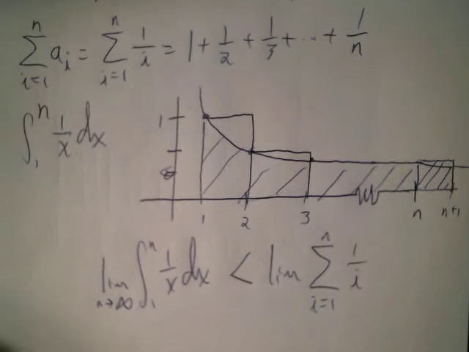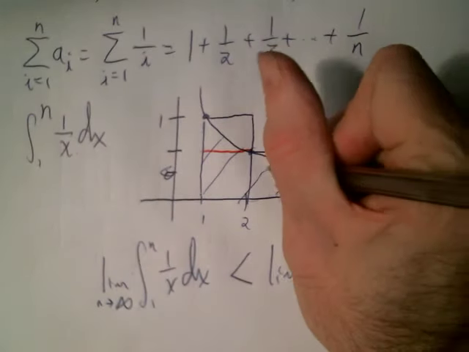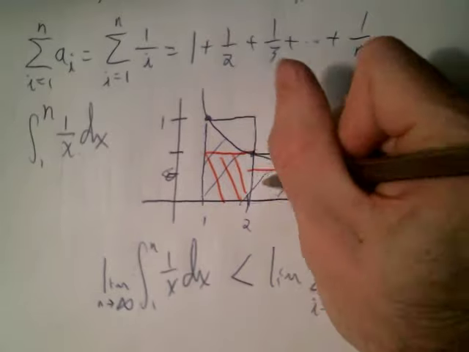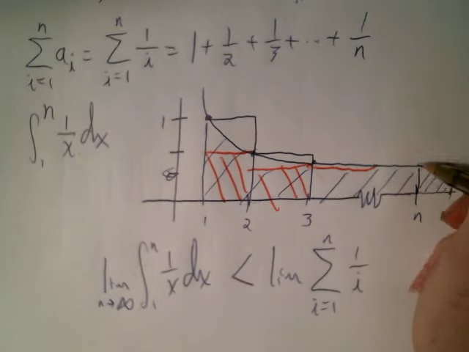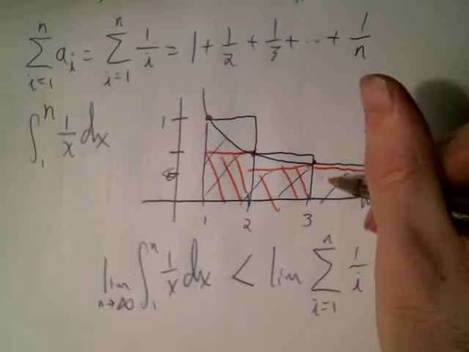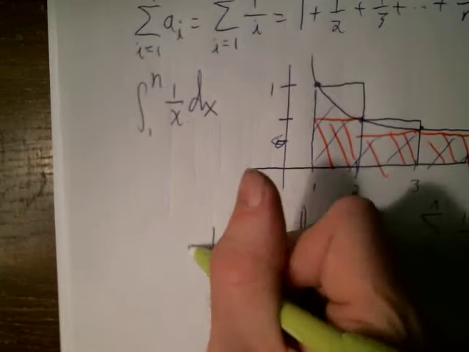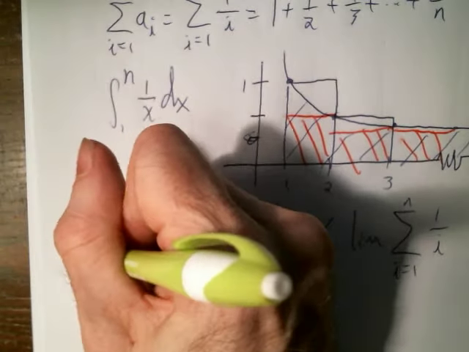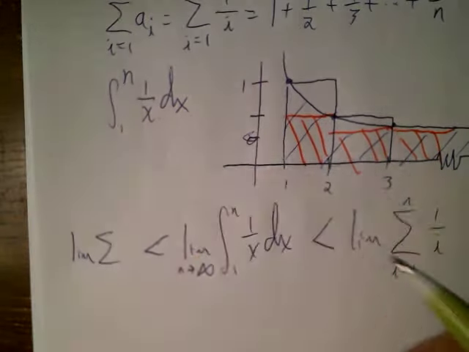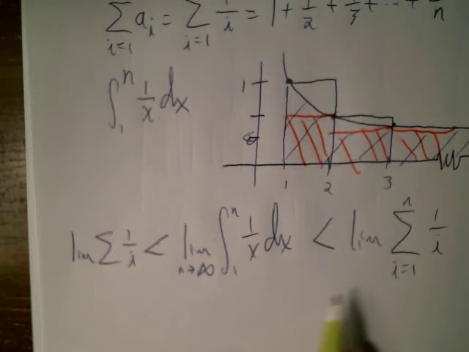So I could also envision these rectangles, which would be underneath the curve. Okay. So, you know, it's either one or the other. Either the thing is bounded above, and we have to be a little careful with the indices.